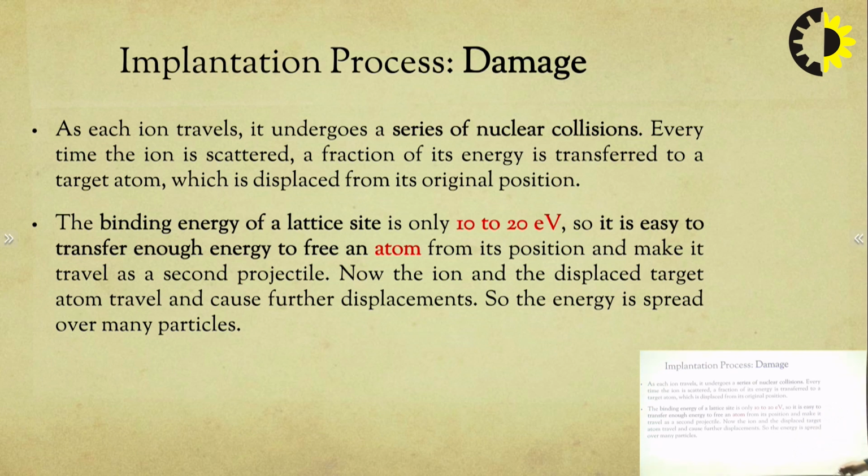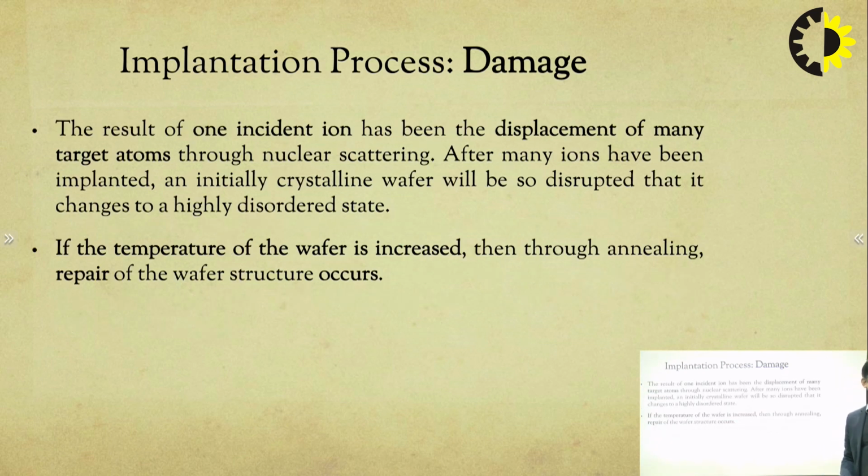So the energy is spread over many particles. The result of one incident ion is the displacement of many target atoms through nuclear scattering. So one dopant ion is capable of displacing many silicon atoms from their regular positions.